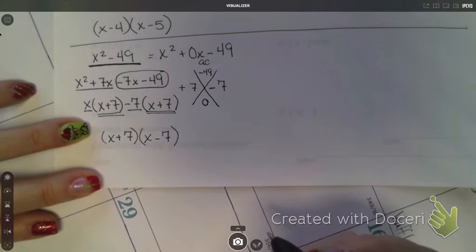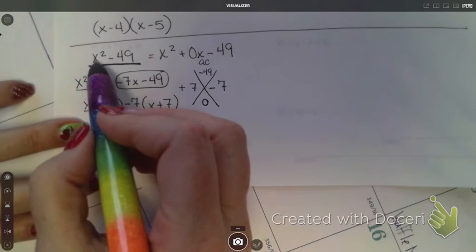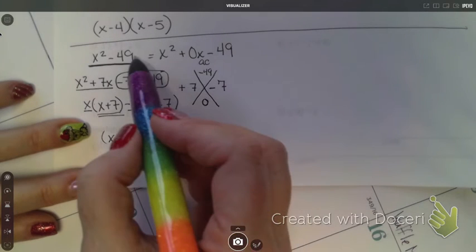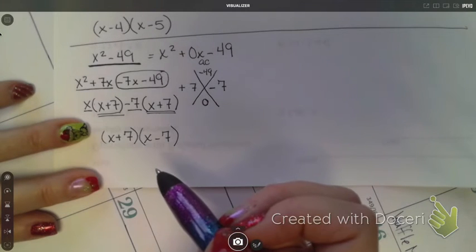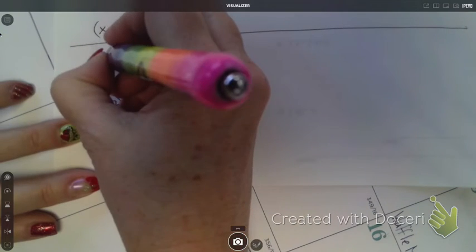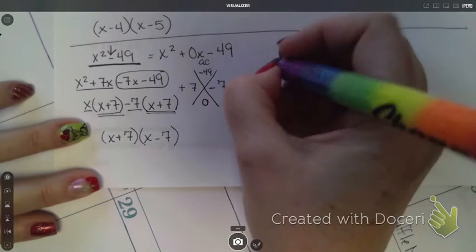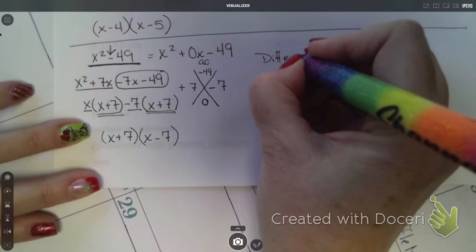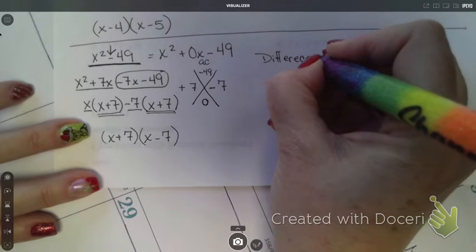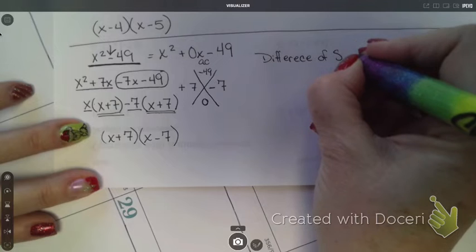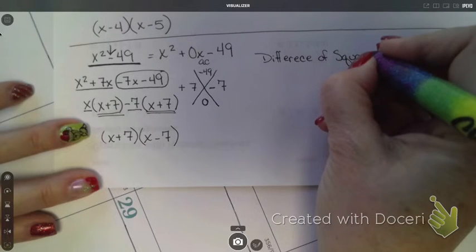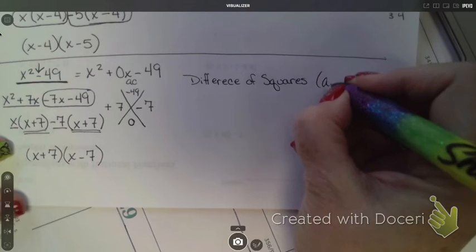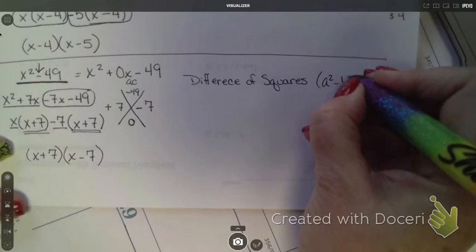Is x squared a perfect square? Yes. Is 49 a perfect square? Yeah. And I have the difference. So this is called difference of squares. The difference of squares is a squared minus b squared.